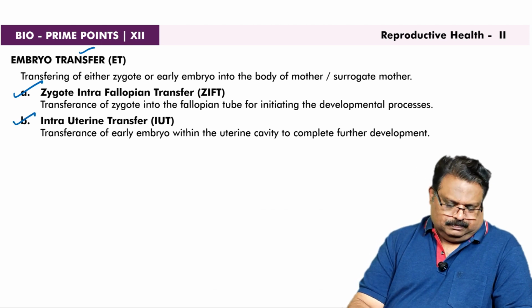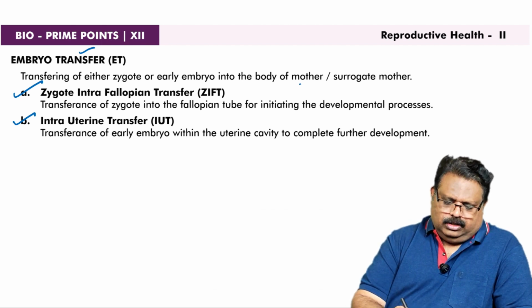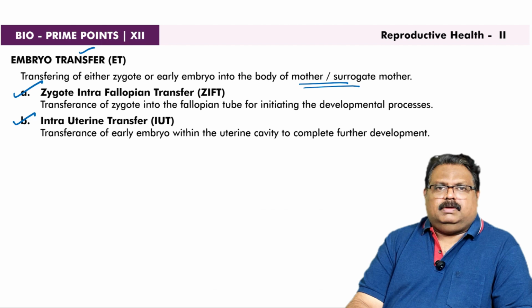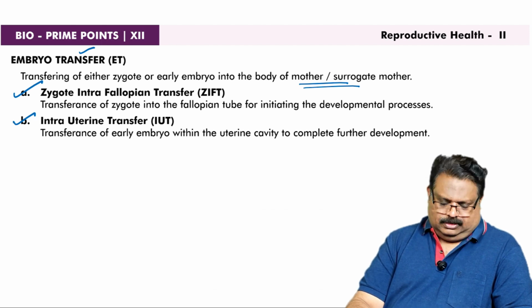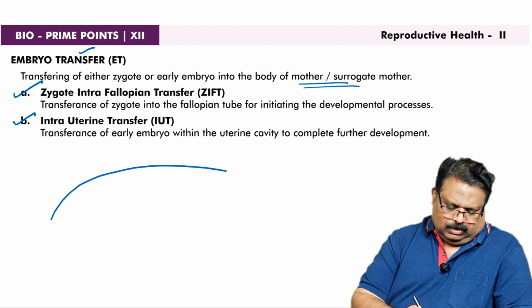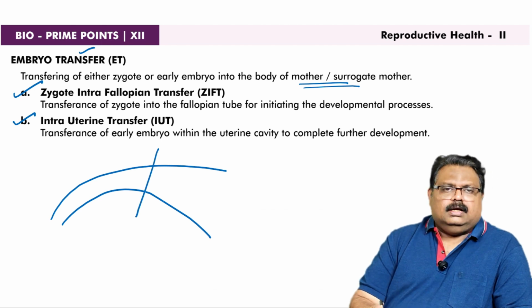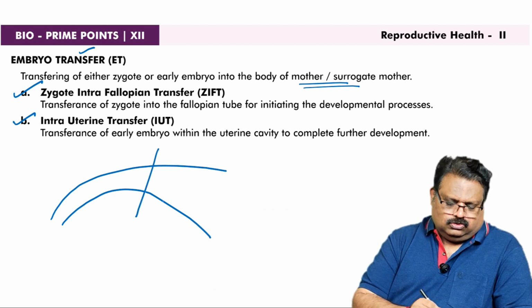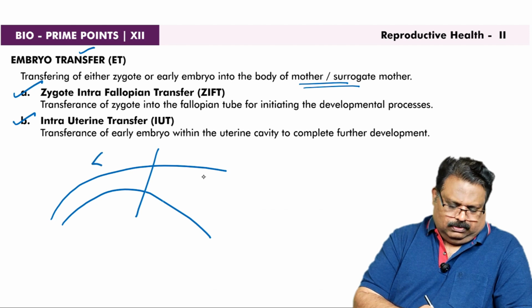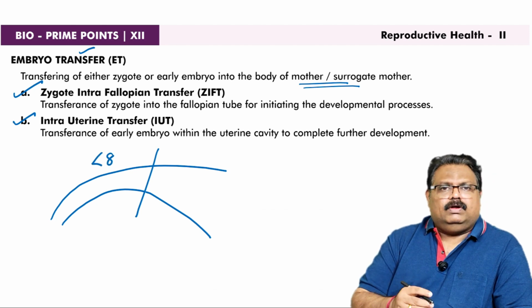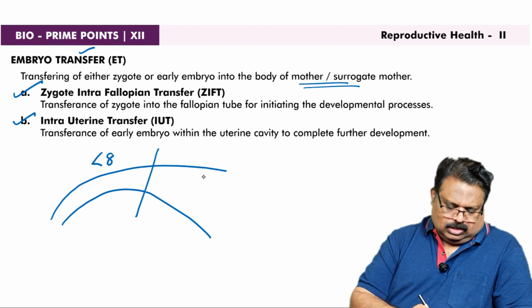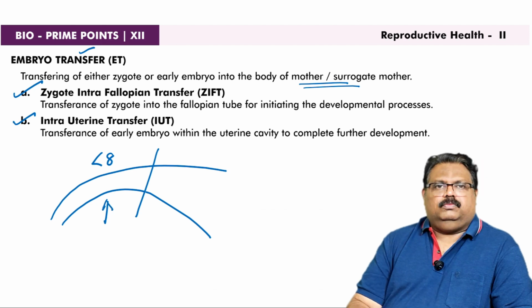What are the differences? Transferring either zygote or early embryo into the body of the mother or surrogate mother is called ET, embryo transfer. So suppose this is the fallopian tube. The embryo with fewer than 8 blastomeres is transported inside the fallopian tube.